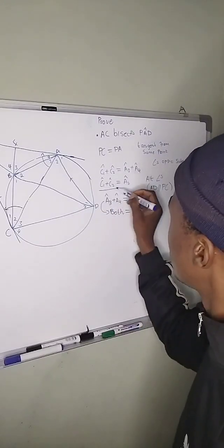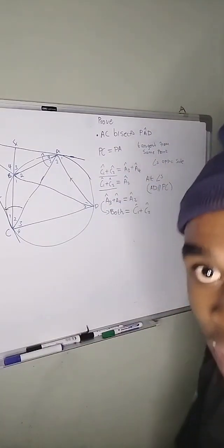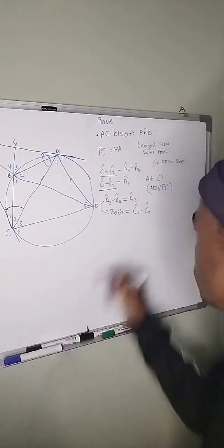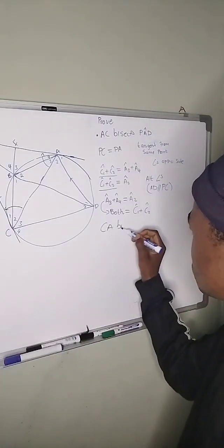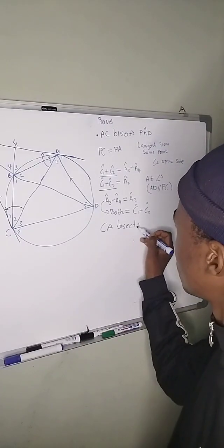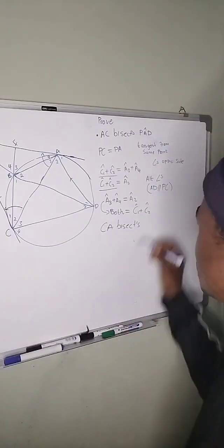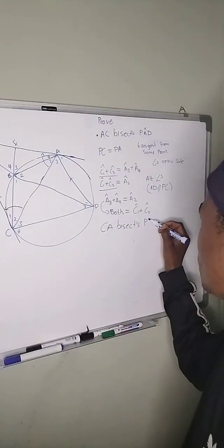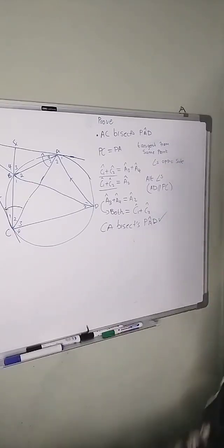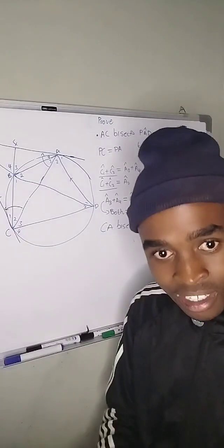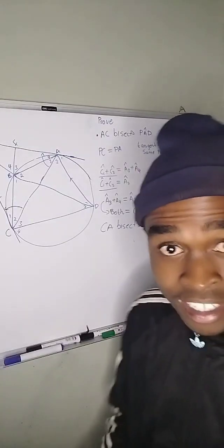They are both equal to C1 plus C2. Therefore, CA bisects angle PAD.